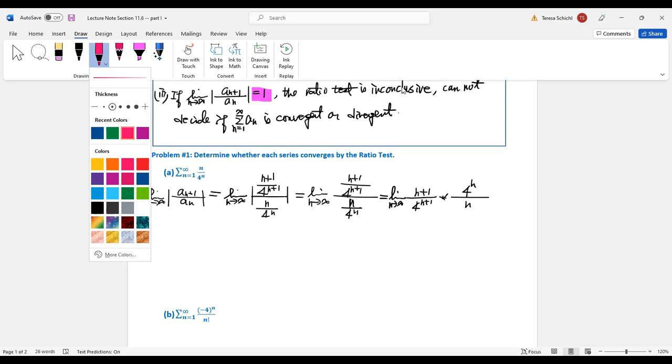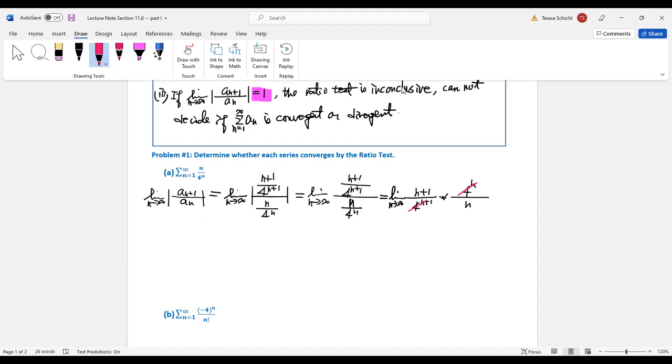Then maybe you can simplify. The 4^n and 4^n cancel, so this equals the limit as n approaches infinity. You still have a 4 here, and then you have n plus 1 over n.